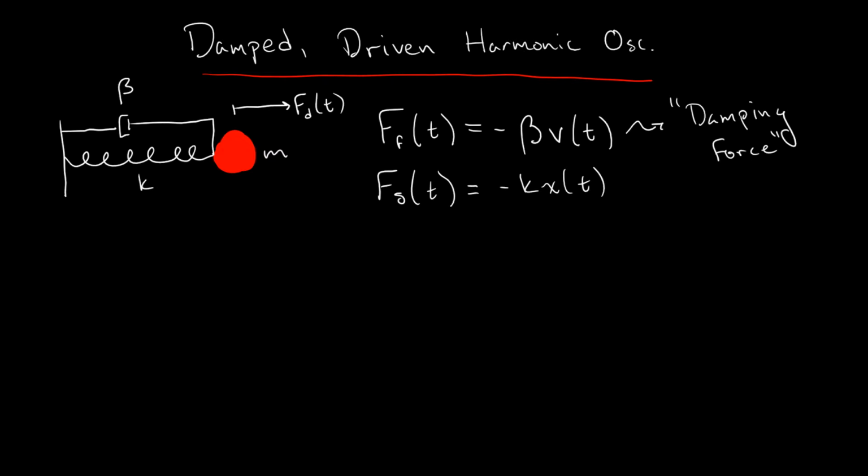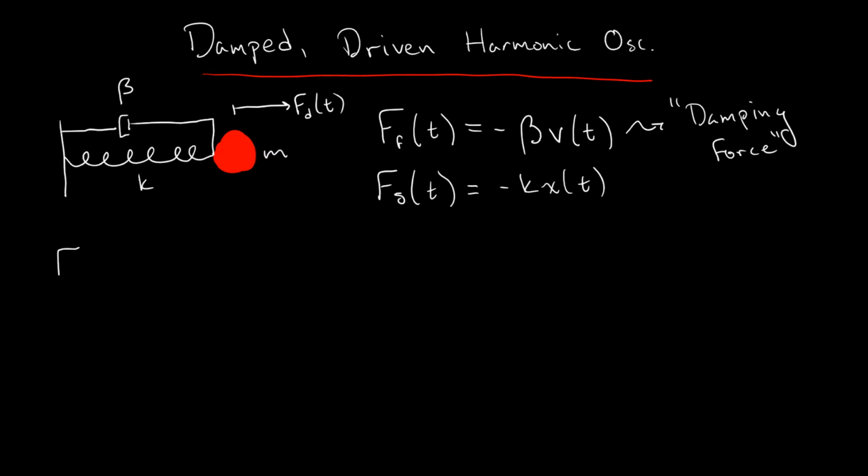Okay, so the very first thing we need to do is write down a differential equation that describes this system. Right? We drew our picture. We have all the forces involved, so now we need to write down our differential equation, which we can do just using Newton's second law.